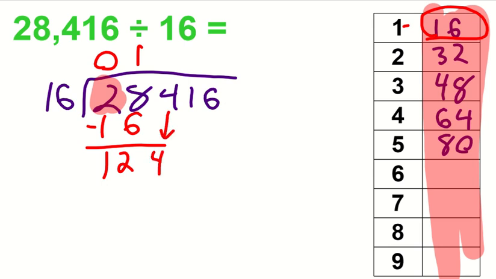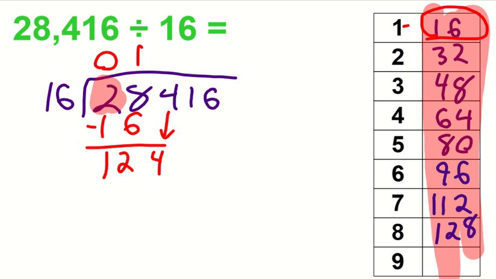Well, right now my little chart over here doesn't go up high enough, so we need to go higher. We just keep adding 16. So 80 plus 16 is 96, plus 16 is 112, plus 16 will be 128.